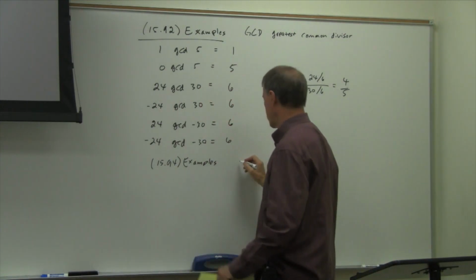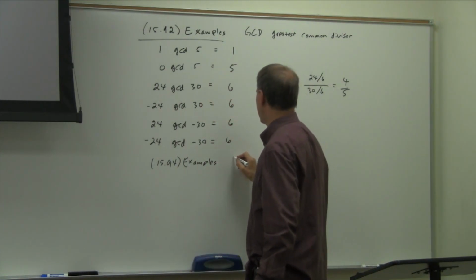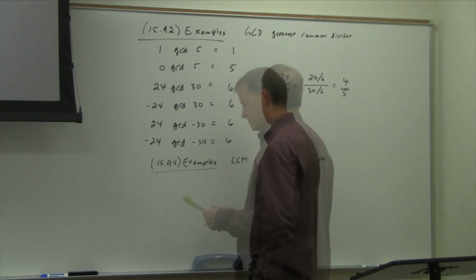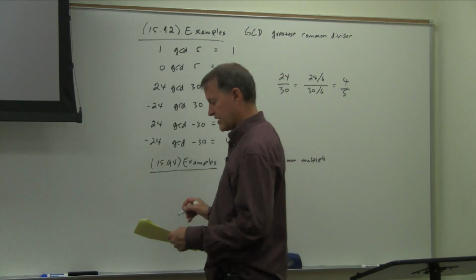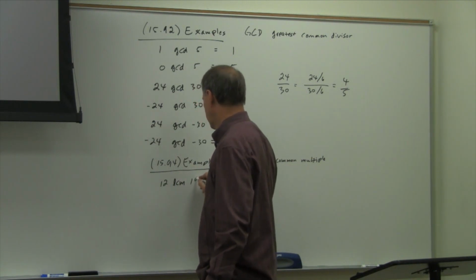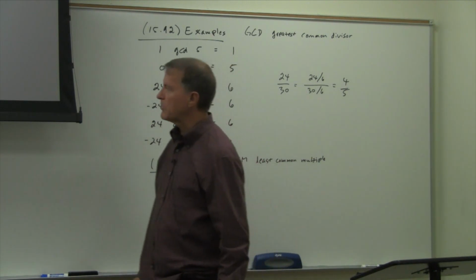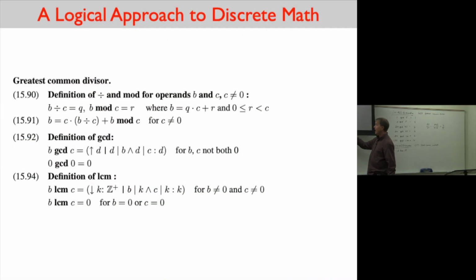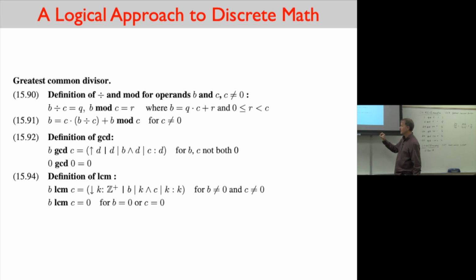And this is least common multiple, LCM. So what's 12 LCM 18? Now what does it say the least common multiple is? Now instead of the max over D, this is the min over K. But K has to be a positive integer, right?